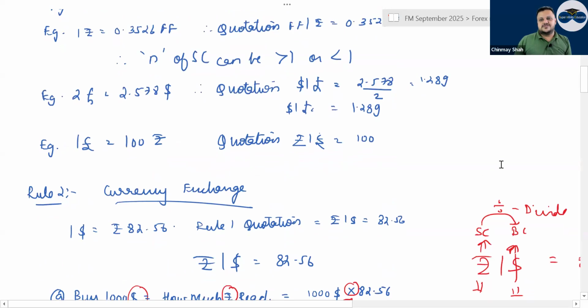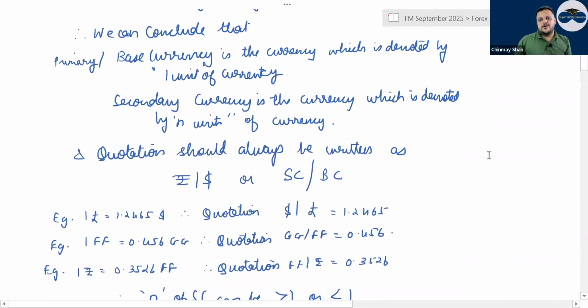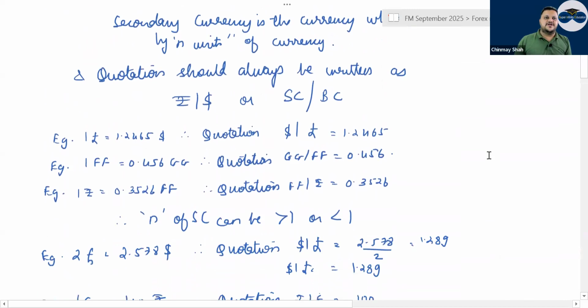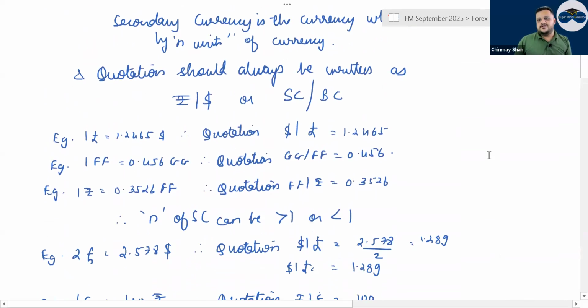Then currency exchange. Rule one is: always convert a quote. So if I say that $1 is equal to 0.7536 euros or pounds, whatever you want to say, tell me whether the quote is pound by dollar or dollar by pound. Like this, 1 pound is $1.2465, right?